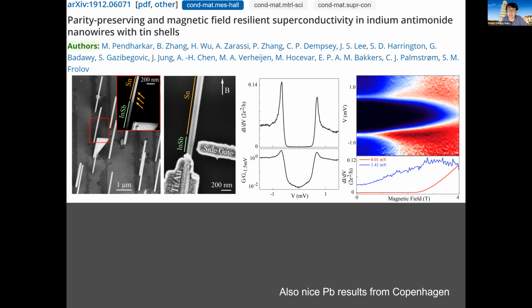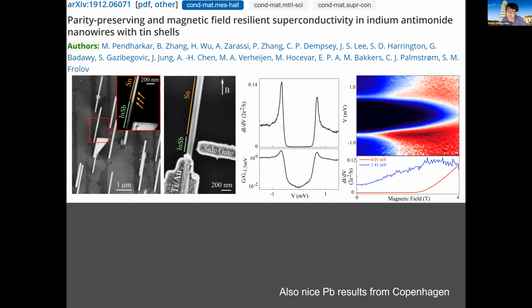But the idea is that this entire superconductor-semiconductor interface is created inside the MBE reactor, or maybe the wire came from somewhere else, but then it was carefully cleaned in a well-controlled process. And this gives good results, a hard gap that survives to large magnetic fields.